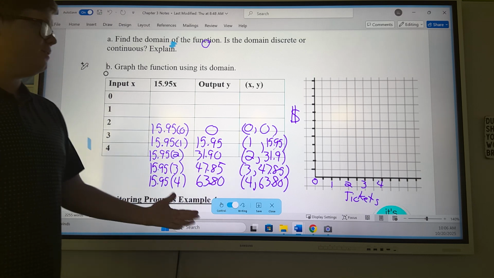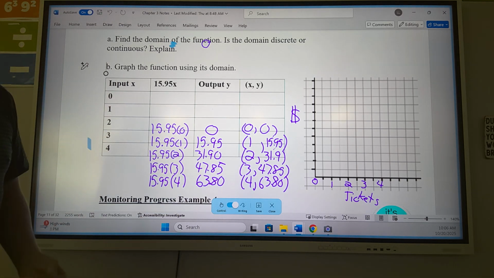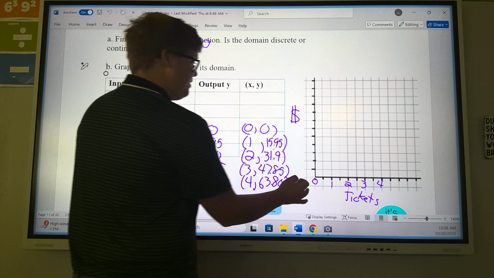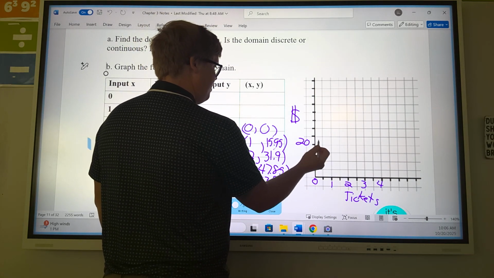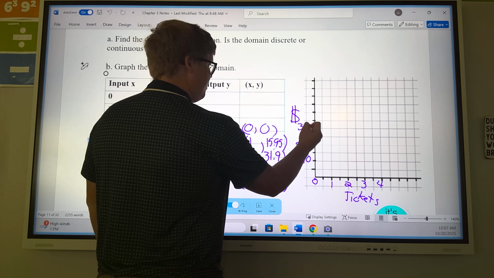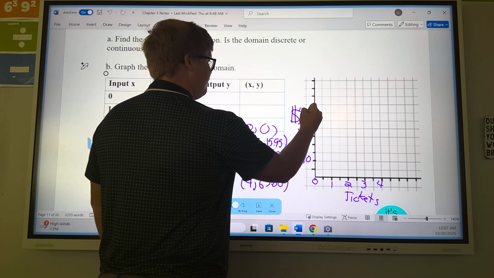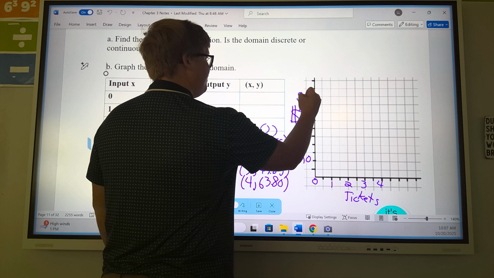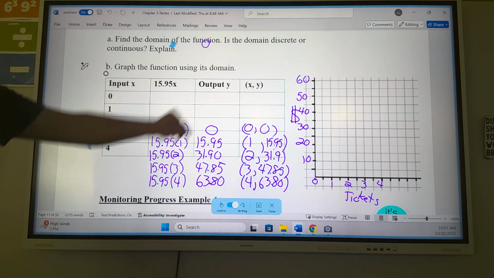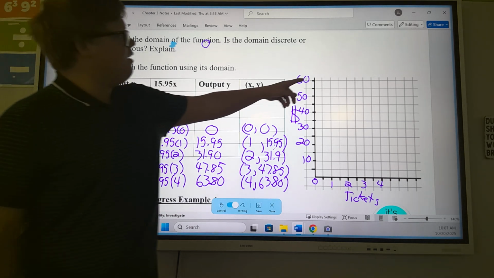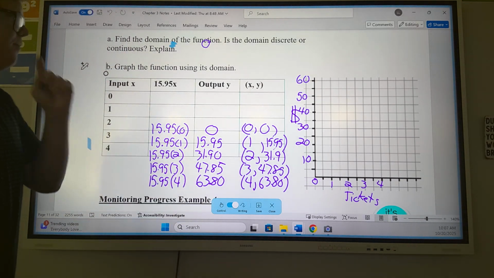What I would do is I'd probably go up by 5s. So what I'm going to do here is I'm going to say this is 5, I'm going to say this is 10, 15, 20, 25, 30, 35, 40, 45, 50, 55, 60. Okay, so the top bar is 60. We do have a little bit left up top, so that's going to work out just fine.